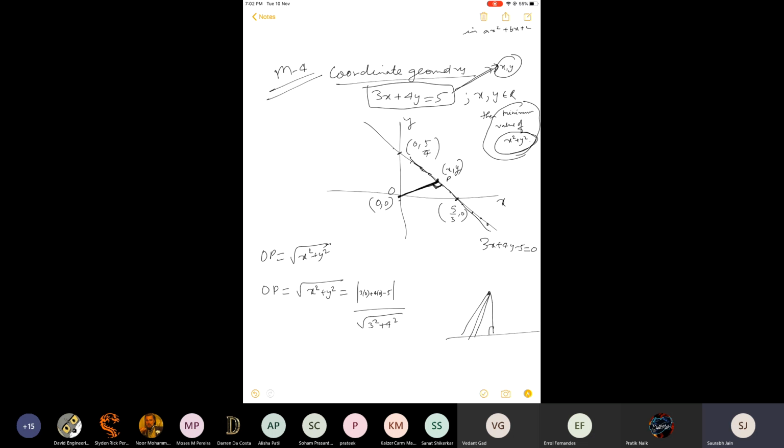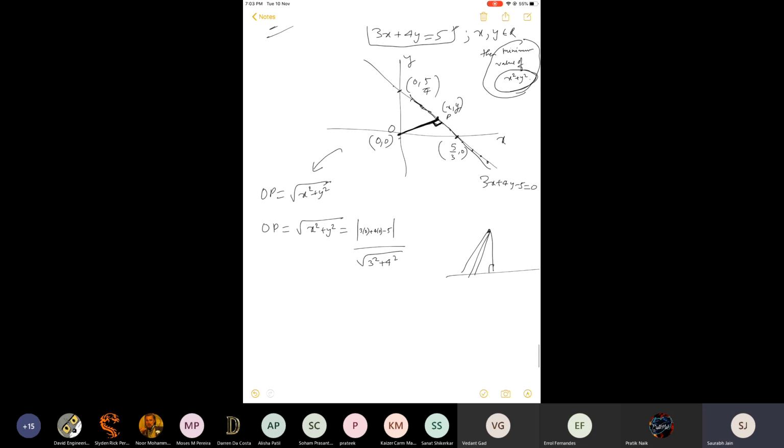And why am I doing it? Because that will be equal to OP itself, and OP is that expression which has to be minimized. And that is why I am saying that perpendicular distance is the minimum or shortest distance. When you write it, it becomes 5 upon 5 and that is your answer. Because if this thing is 1, its square will also be 1.